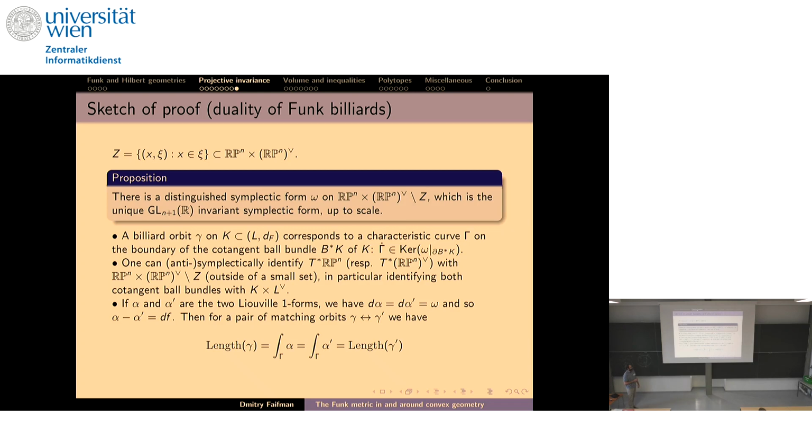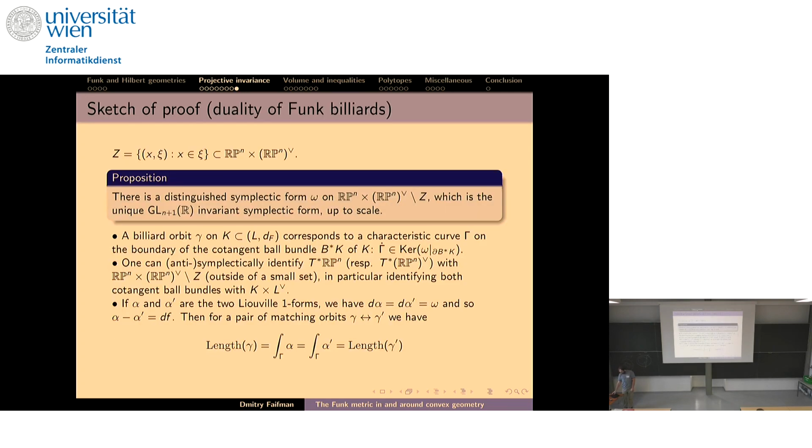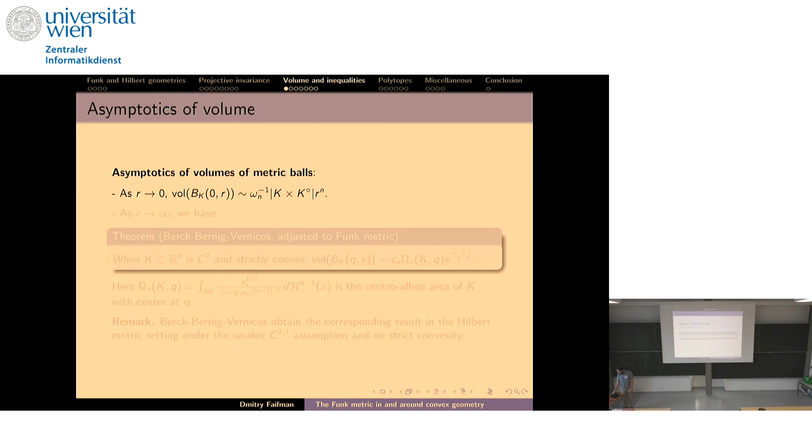Once you do that, every billiard curve you can lift to a characteristic curve. The length of the orbit is the action of the corresponding lift. And because the symplectic form is essentially unique, the two one forms must differ by an exact form, and you would have the same length. Okay, so pretty standard proof once you see those identifications.